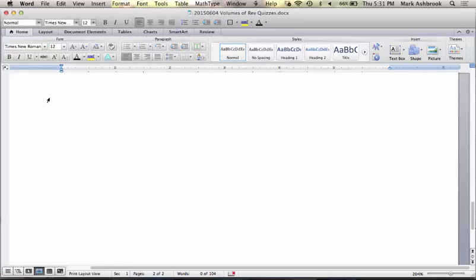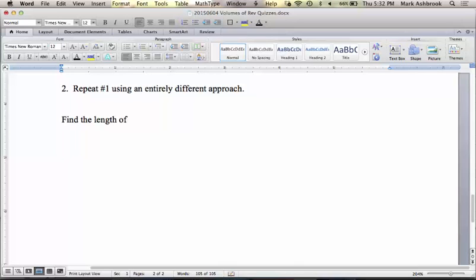So there's this number 2 in the book, which says, find the length of the curve. I'll write it out here: y equals the square root of 2 minus x squared from 0 to 1.